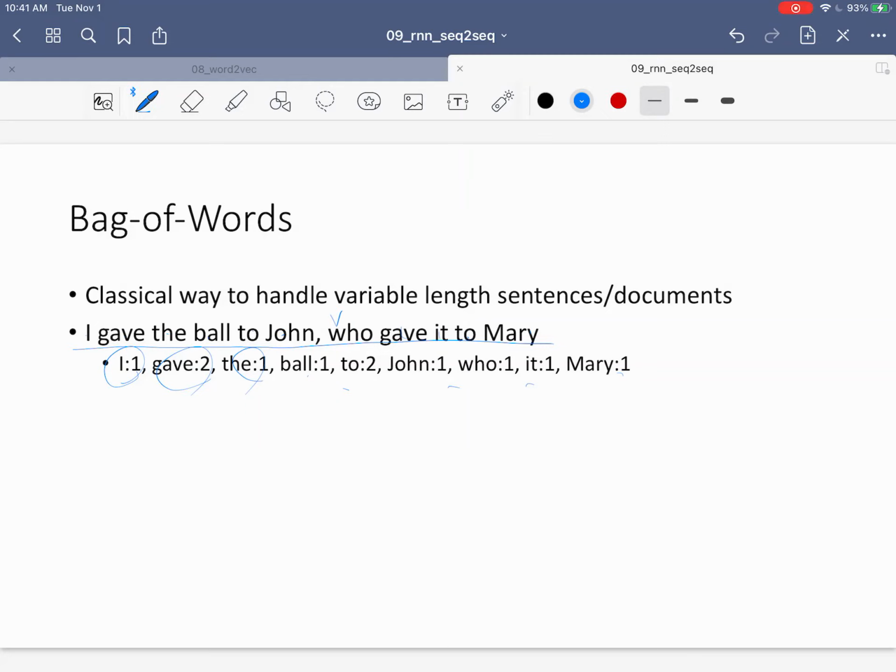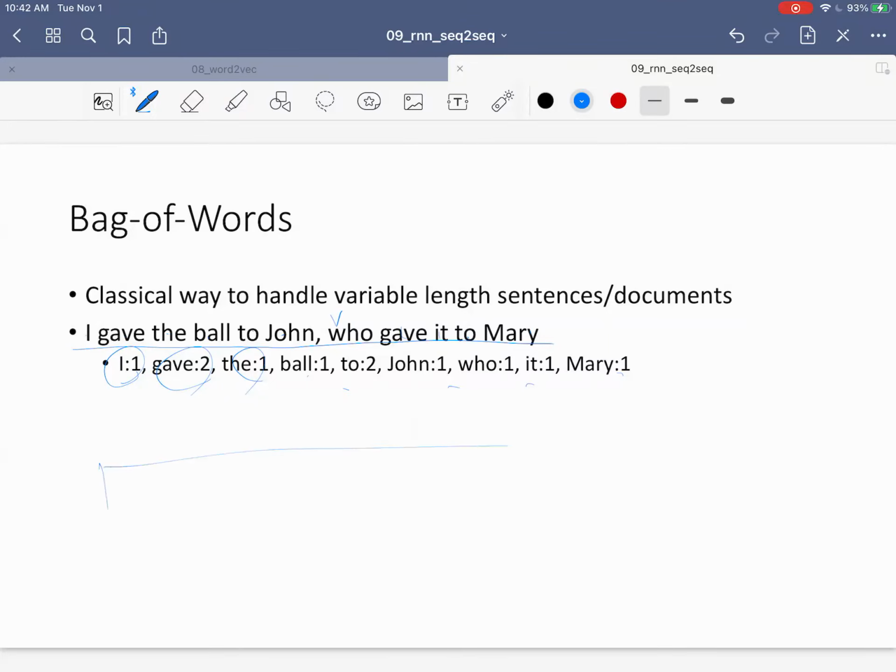Your dictionary doesn't change. So for example, if your English dictionary consists of 50,000 words, then all your sentences and documents and whatever text can always be represented as a 50,000 dimensional vector, where each element corresponds to a single word, and the element's value would be the number of times that word occurs in the sentence.